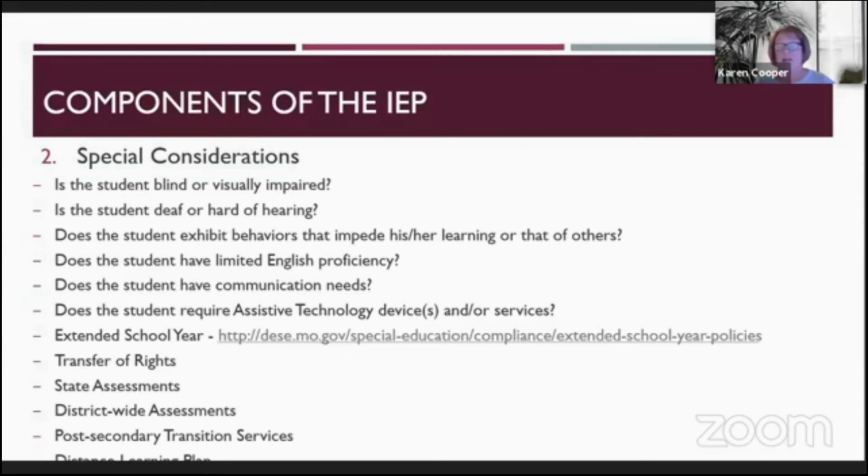It doesn't matter if the same technology is available to all students. If the team determined that's what this child needs, it should be documented on this page and in the IEP.